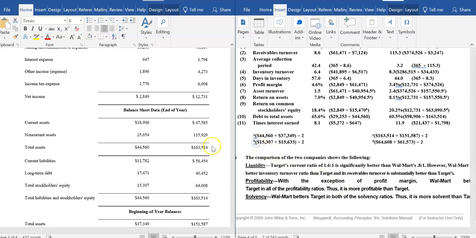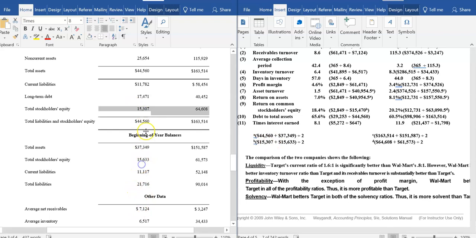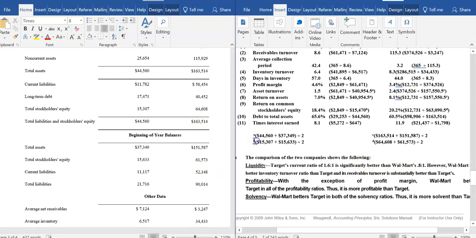That's where these numbers are coming from. The beginning of the year given down here, plus the end of year given in the balance sheet for both companies, and then dividing by 2 to get the rough average for the year. And that ends up being divided into the net income.